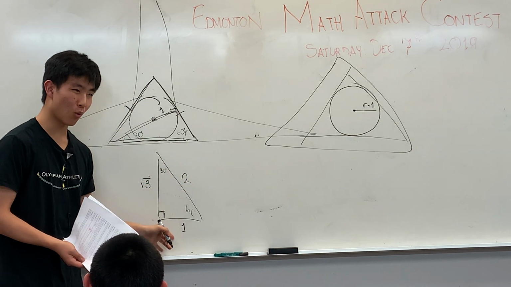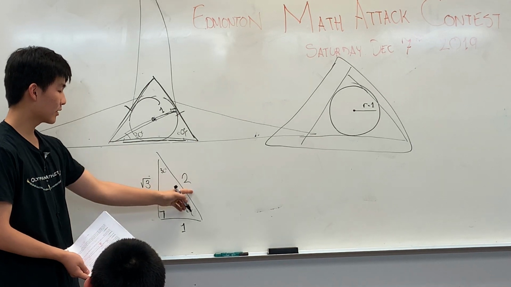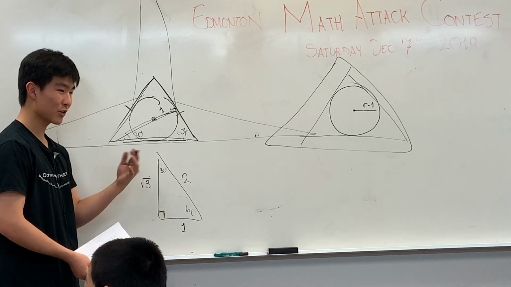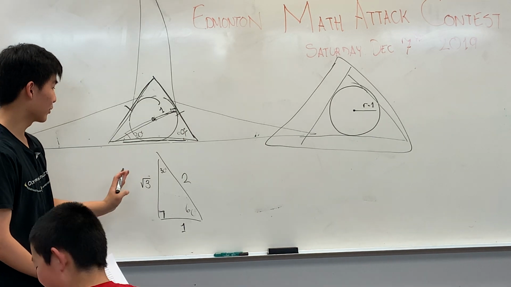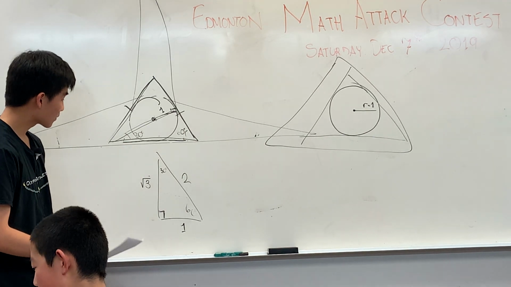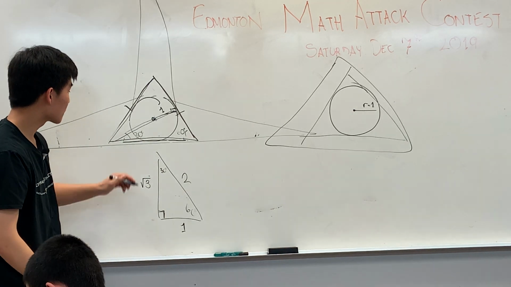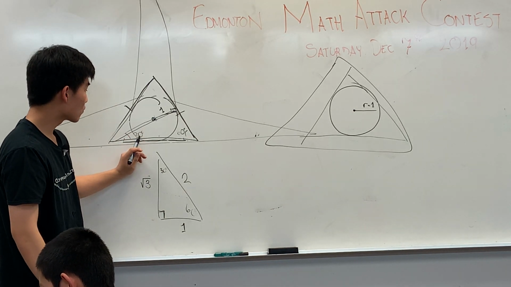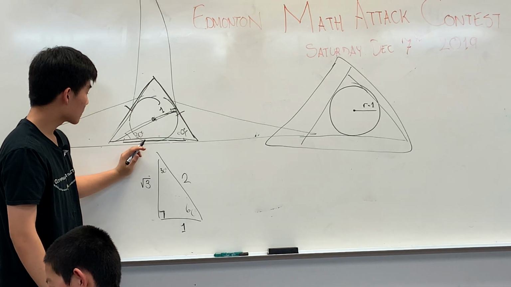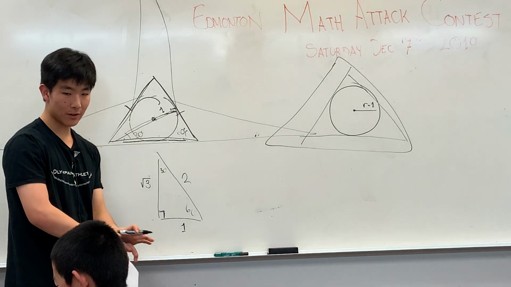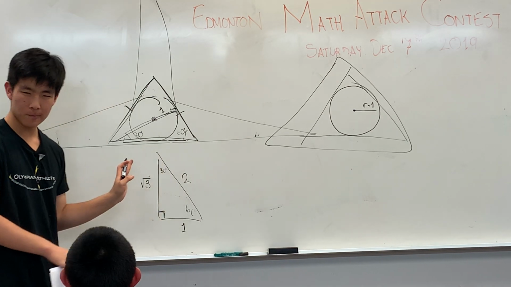So the ratio is 1, square root 3, and 2. The hypotenuse is 2, the smallest one is 1, and the longer length is square root 3. Does this look familiar?